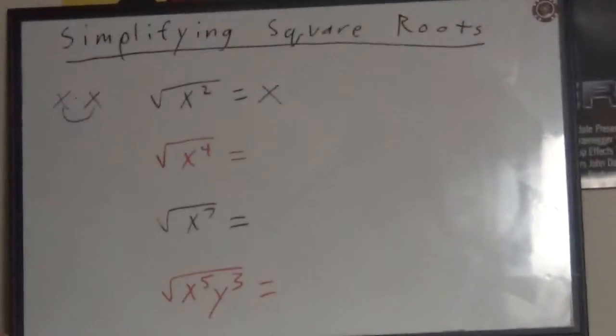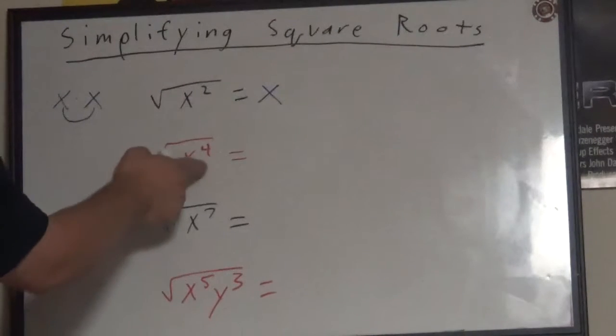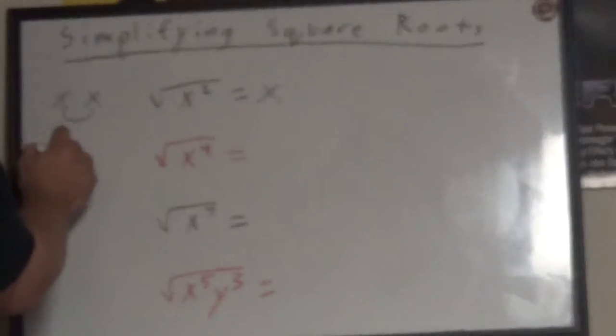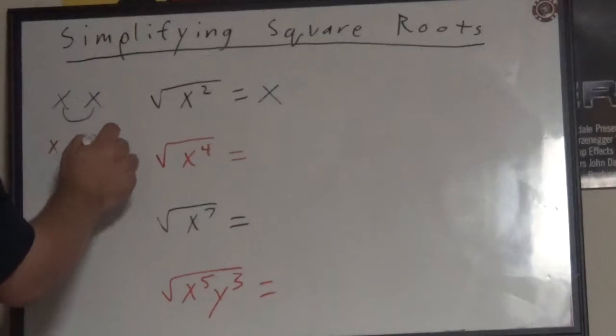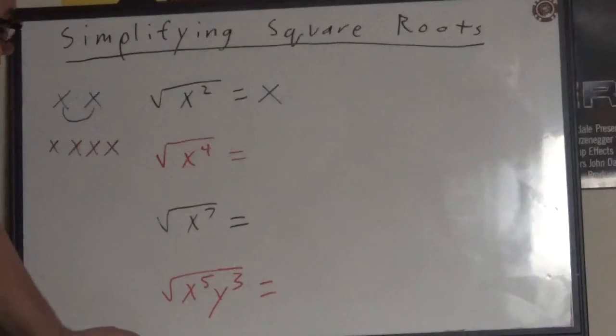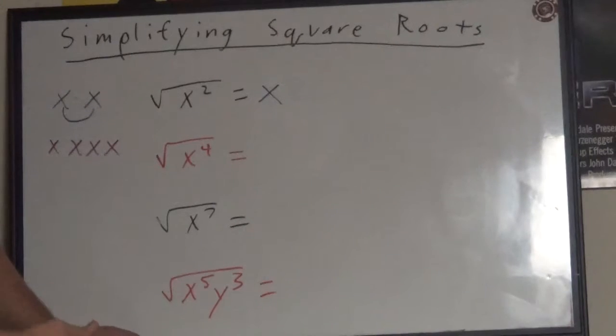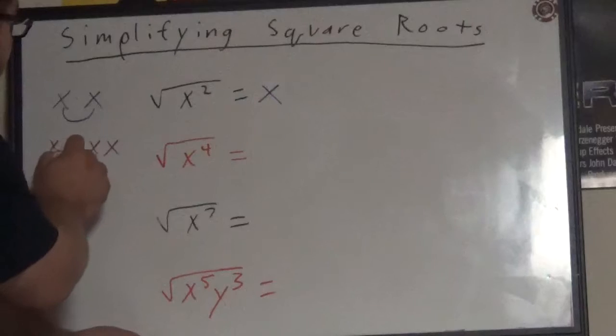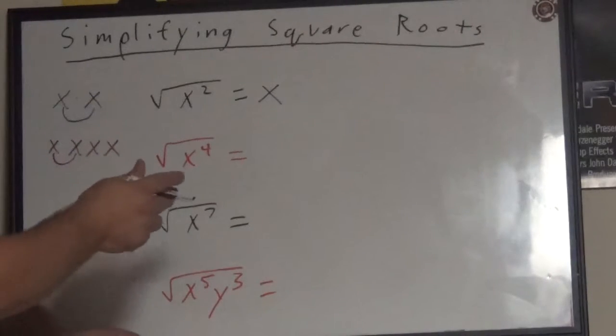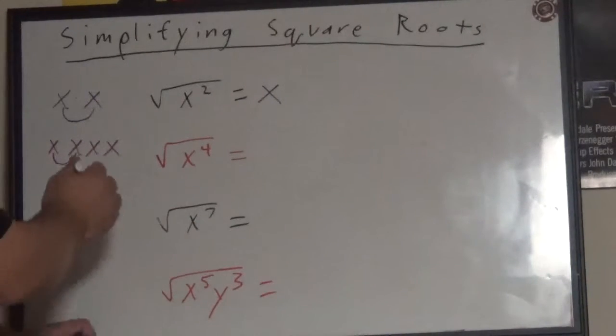What about x to the 4th? Hopefully you can see where this is going. We have 4 x's in this one: x times x times x times x. Let's group them by 2's because the square root is undoing an x squared. So every group of 2, the square root's eliminating one of them.